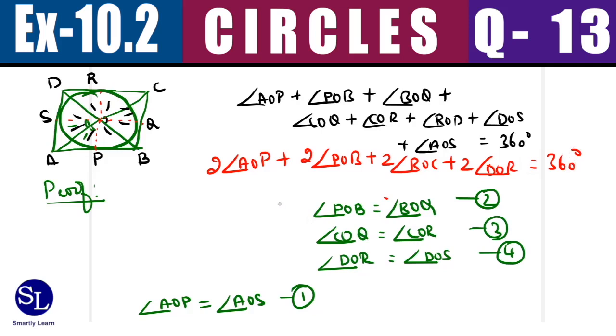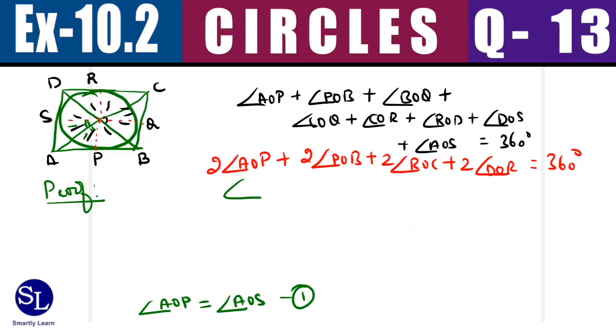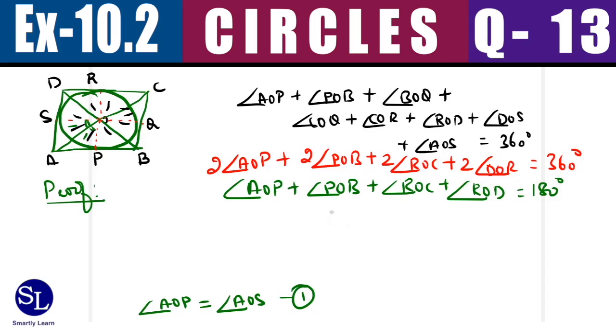So if I divide the whole expression by 2, we will be getting angle AOP plus angle POB plus angle ROC plus angle ROD will be equal to 180 degrees. So now AOP plus POB, I can replace as angle AOB, plus these two angles, I can replace as angle COD, is equal to 180 degrees.